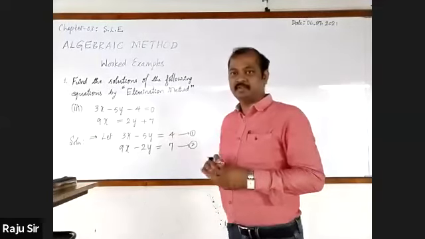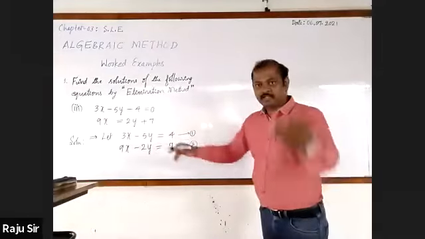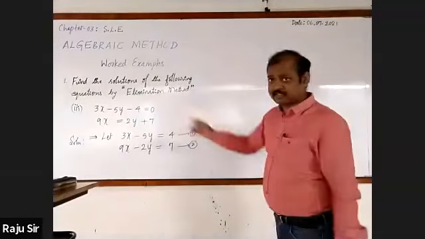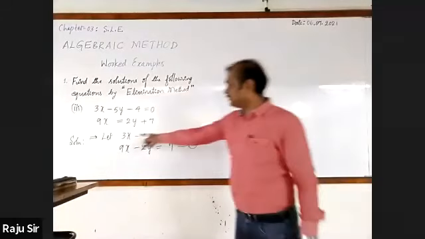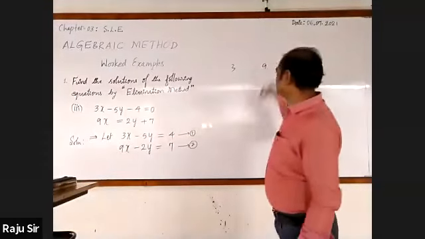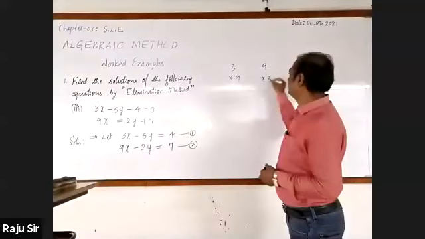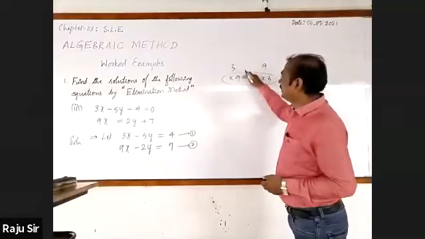Okay, as you said, let's go for equalizing the x term only. The coefficient of x in the first equation is 3, in the second equation 9. How do you equalize these two? You can multiply this by 9 and this by 3: 9 3s are 27, 3 9s are 27.